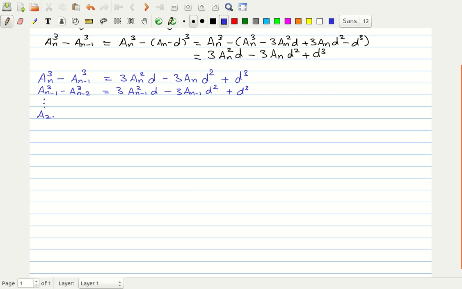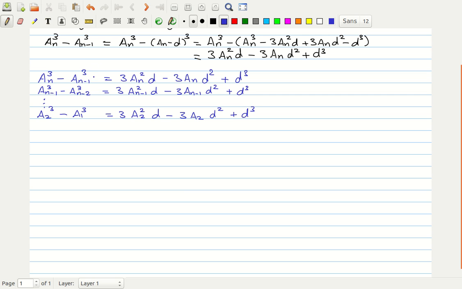we can write a2 cube minus a1 cube is equal to 3 times a2 square d minus 3 times a2 times d square plus d cube. Now we can do one interesting thing.